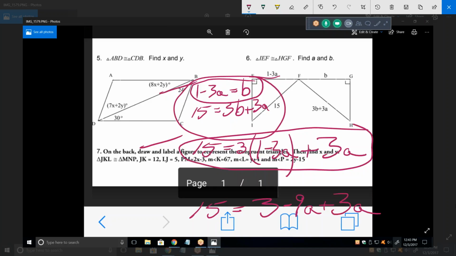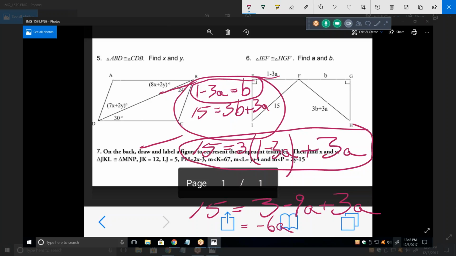And then gather all your variables on one side. Gather all your numbers on the other. So add negative 9a plus 3a, which is negative 6a. Okay. Put your numbers on the other side.